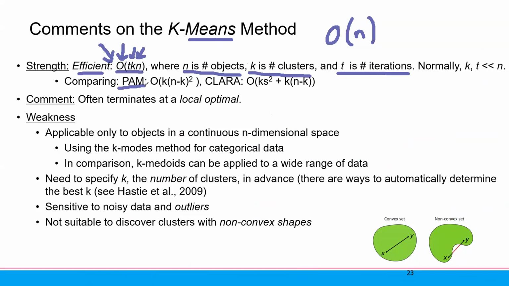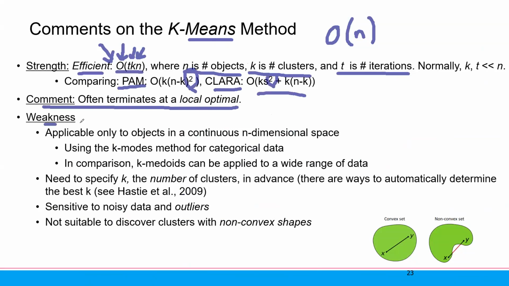If we look later at other algorithms like PAM or CLARA, they have power of 2, so it is higher. But k-means often terminates at a local optimum.